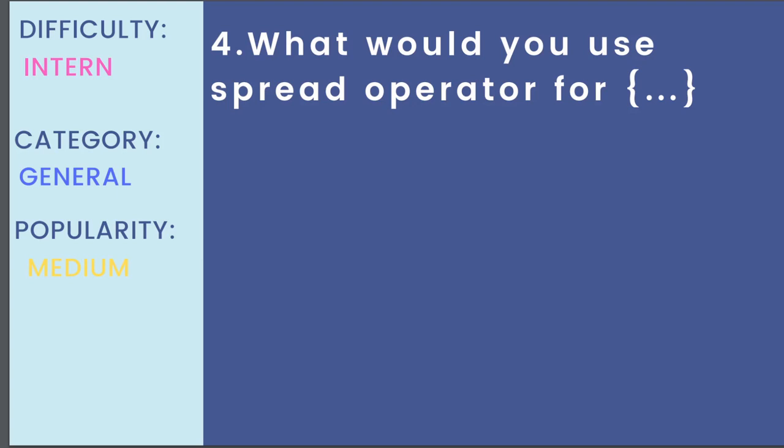So if you are not going to be asked the previous question, you might be asked some variation of this question, like what are 3 dots in JavaScript for, or how can you include all properties from object 1 into object 2, or if it's a React job, for example, what would be the best syntax when you modify a piece of state that is an object, but you only want to modify one property of that object. So it's really good idea to know how useful spread operator is.